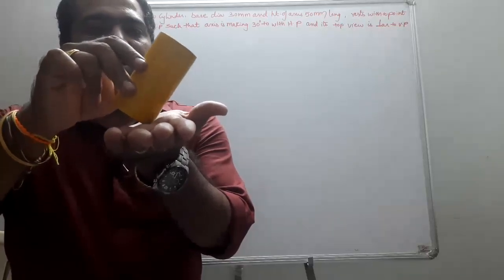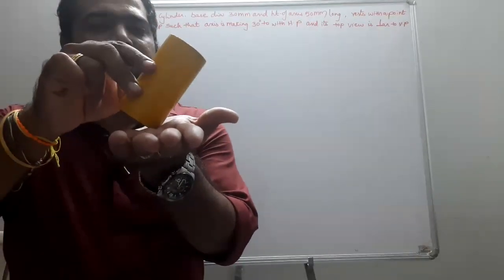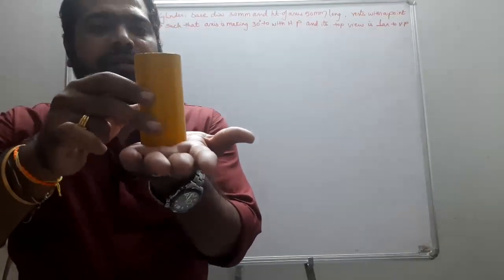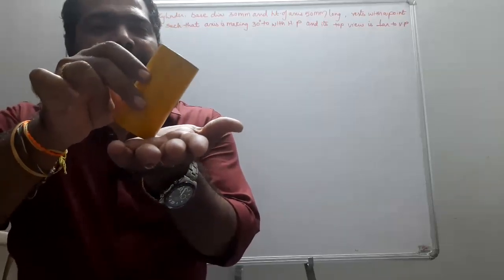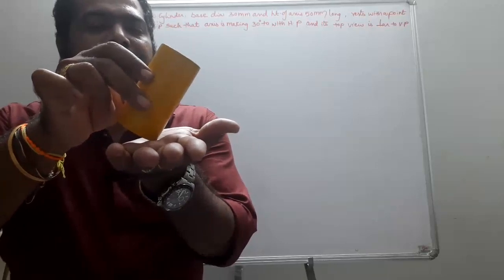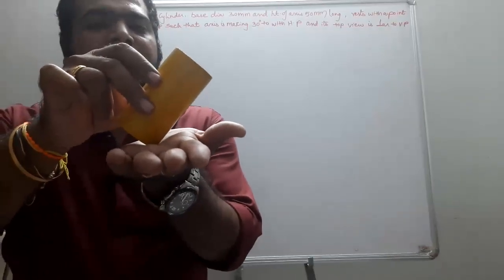So this was the first and second stages. First stage: axis inclined to HP means put your axis perpendicular to HP, and the top view gives the true shape. This was stage 1. Stage 2 is the axis inclination to the given reference plane, which is 30 degrees to HP. So this was stage 2. What is stage 3?